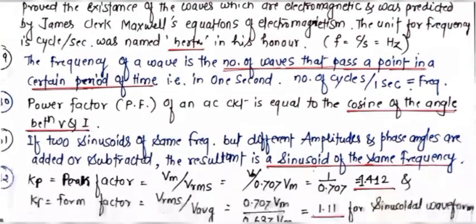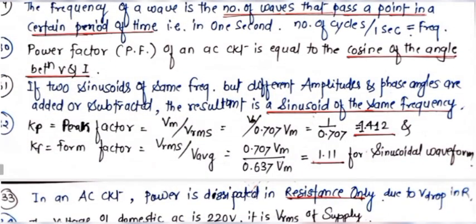If two sinusoids of the same frequency but different amplitude and phase angle are added or subtracted, the resultant is a sinusoid of the same frequency.